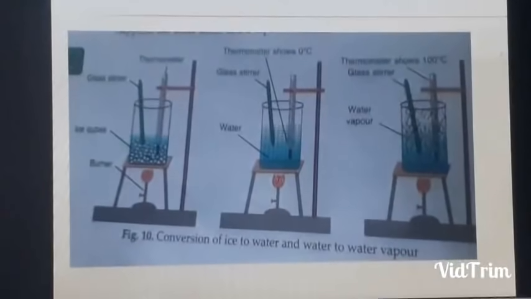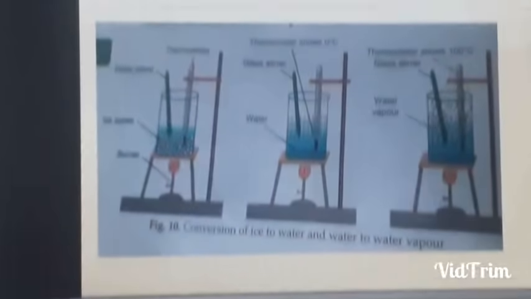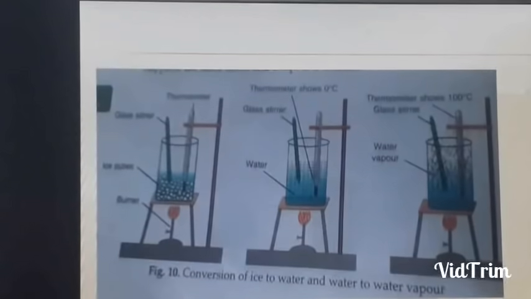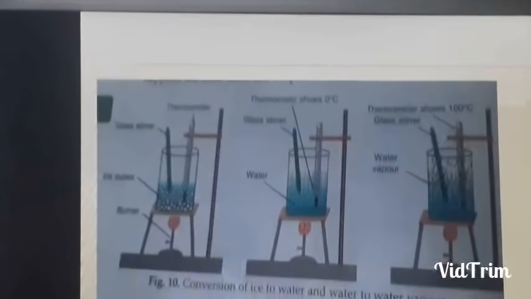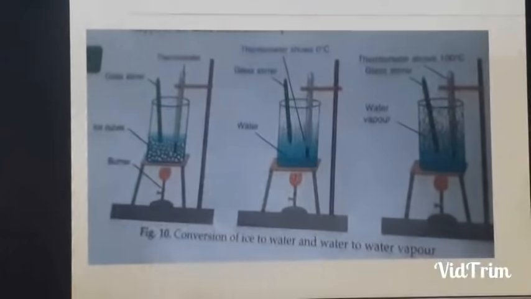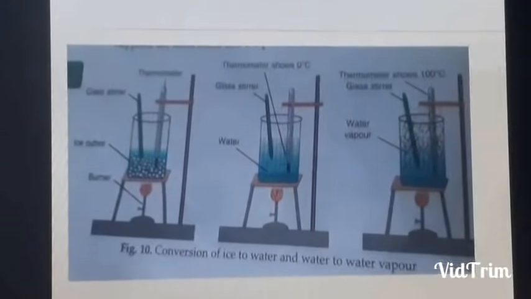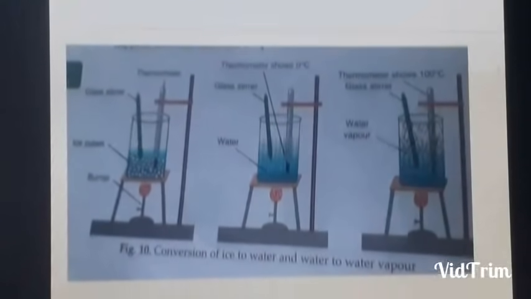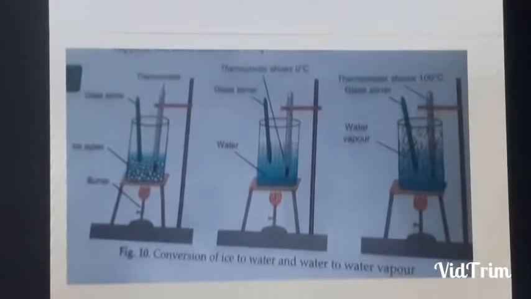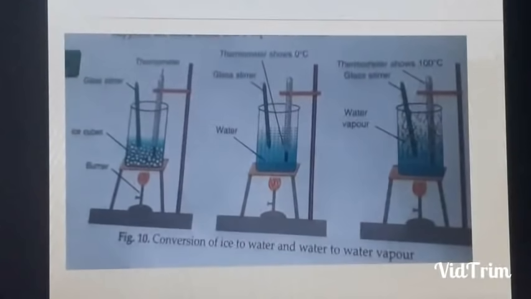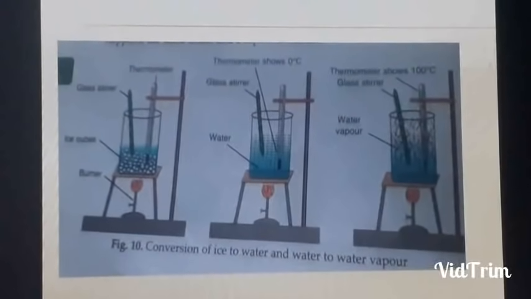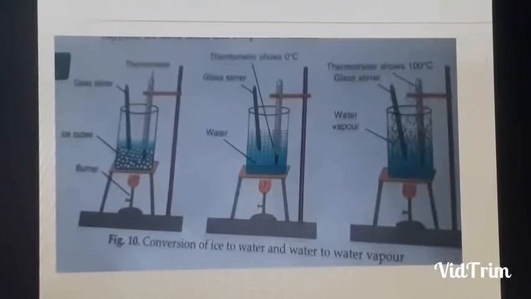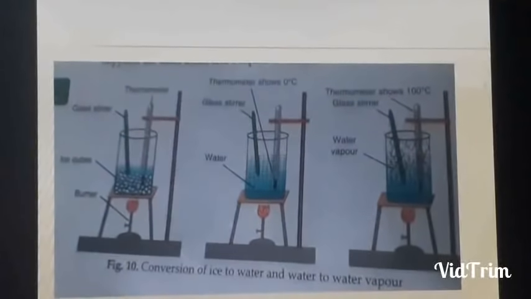As soon as we heat up, the particles start vibrating vigorously, and due to this the kinetic energy increases tremendously. This increased kinetic energy is shown as a rise in the temperature on the thermometer.